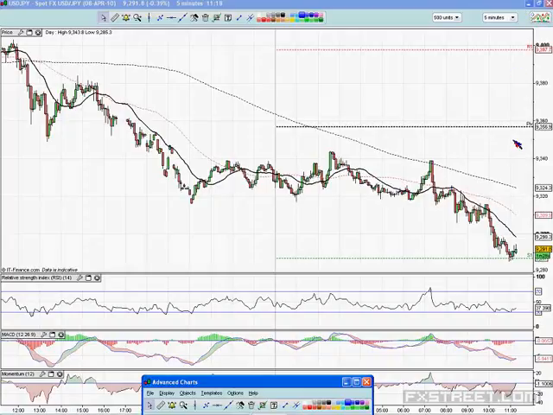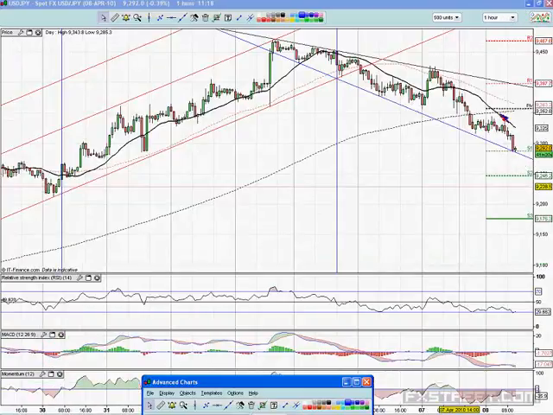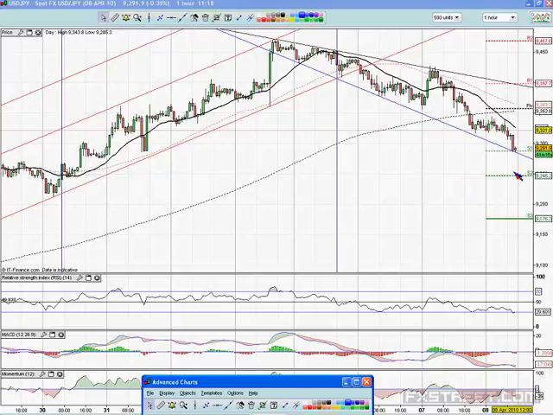Okay, so now I'm at the bottom of this expanding wedge. I'm looking for reasons to buy this pair. At the moment, I'm still under my 20 SMA. Okay, I'm still below the 50. A slight divergence here on momentum, so we are losing a bit of downward power.